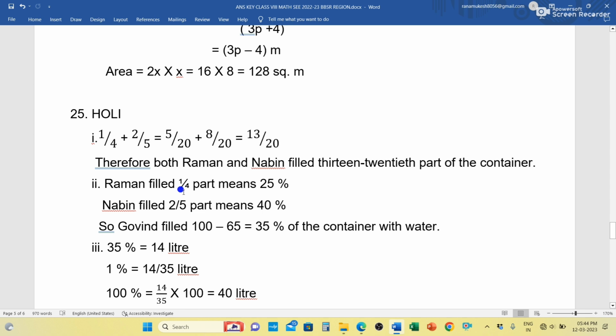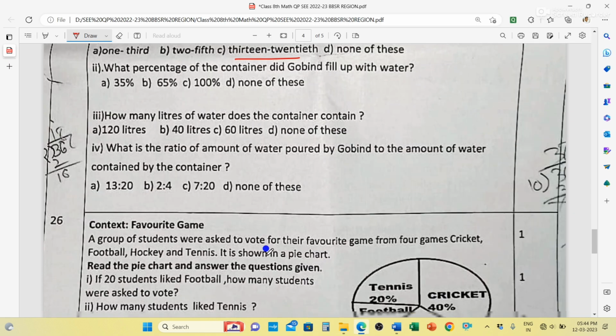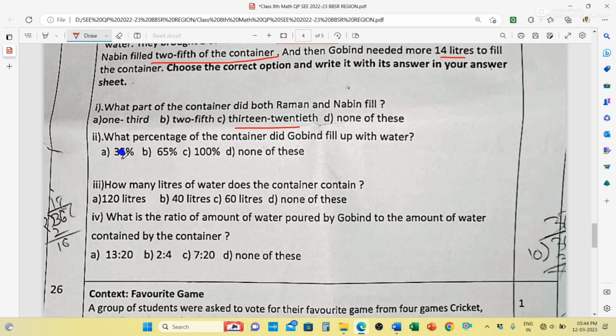Out of 100, 25. Navin filled 2/5 parts. That means out of 5 parts, 2. Then out of 100, it will be 40. So Raman filled 25%, Navin filled 40%. So how much will Gobind fill? Total percentage is 100. 25 plus 40 is 65. So 100 minus 65 equals 35. So Gobind filled 35%.